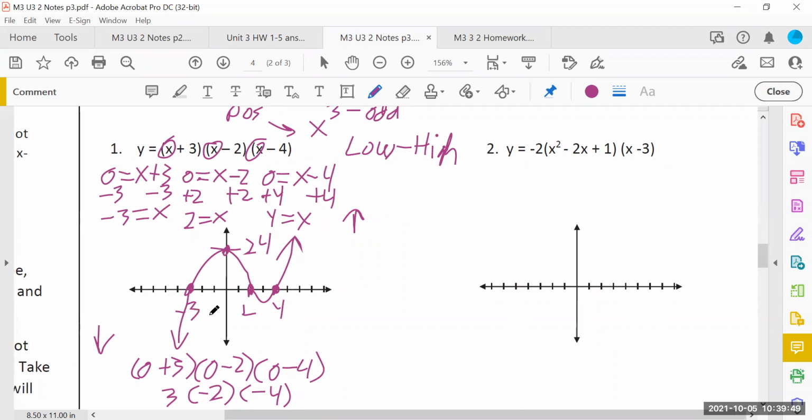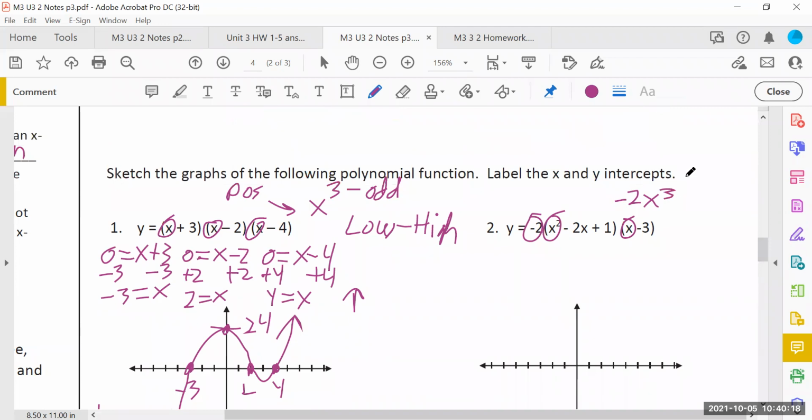Number 2 has a little bit of an issue. It's not fully factored. I can find the end behavior as is. -2 times x squared times x, right? The highest degree term from each factor. -2 x to the third power.